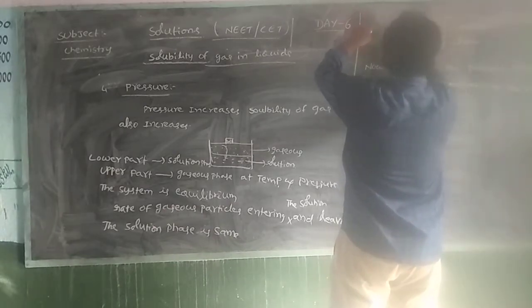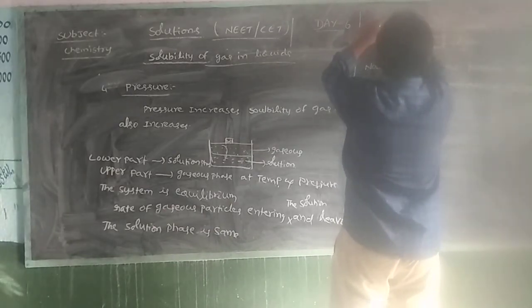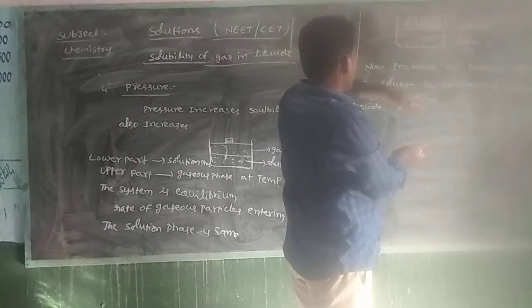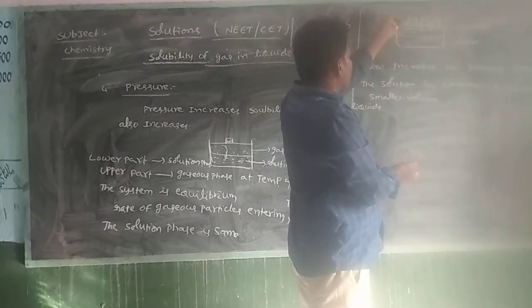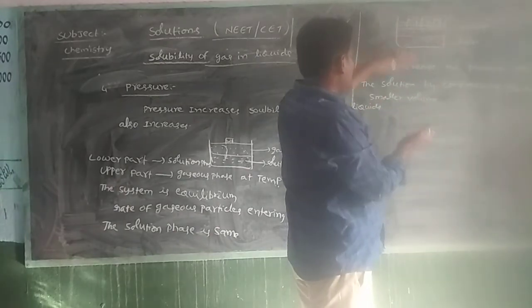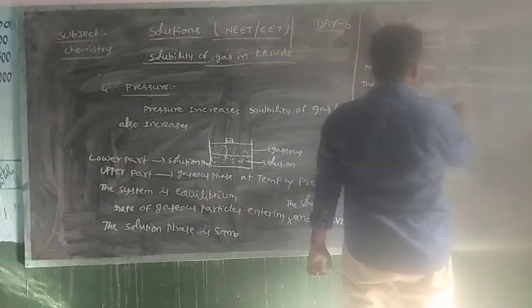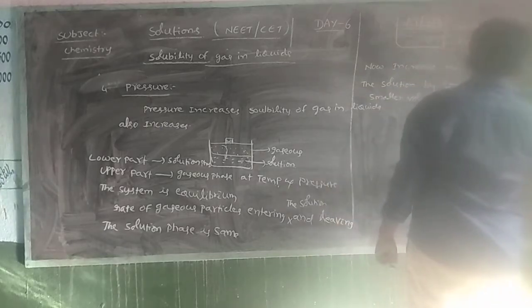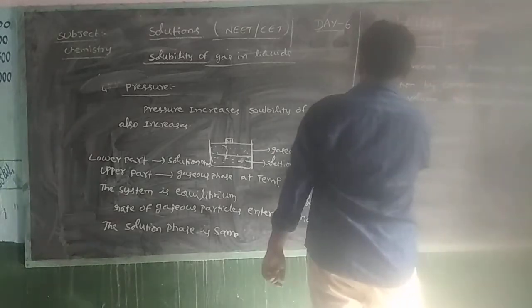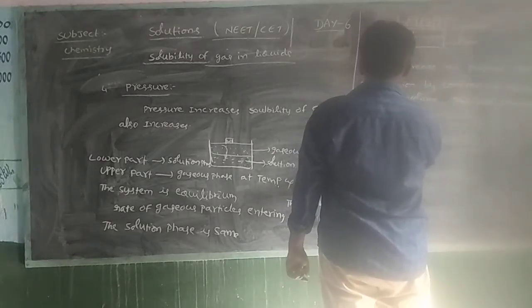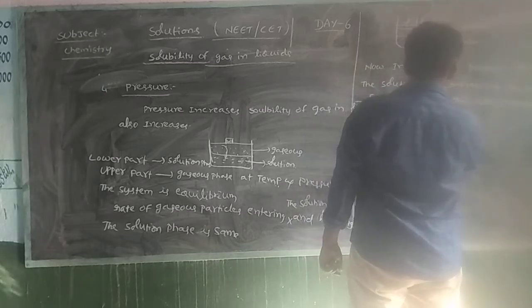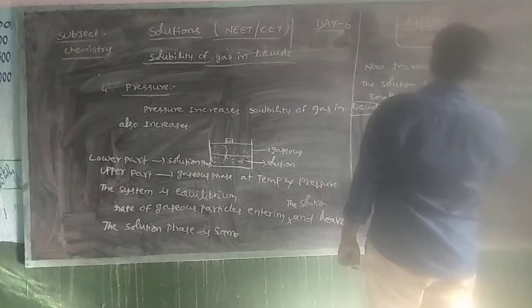This is the smaller volume, with the weights W1, W2, W3 increased. Increasing the pressure over the solution by compressing the gas to a smaller volume will increase the gaseous particles per unit volume.